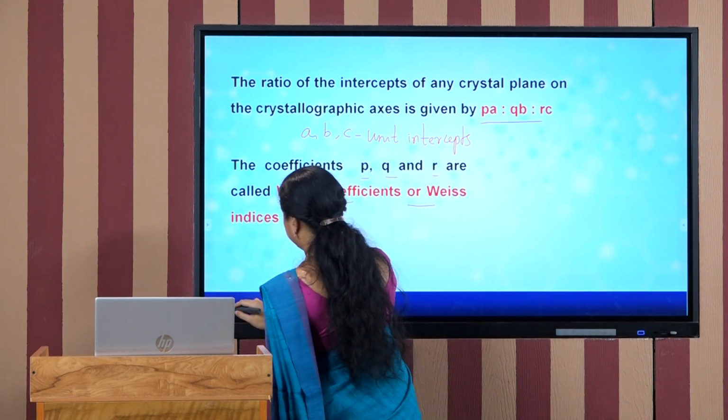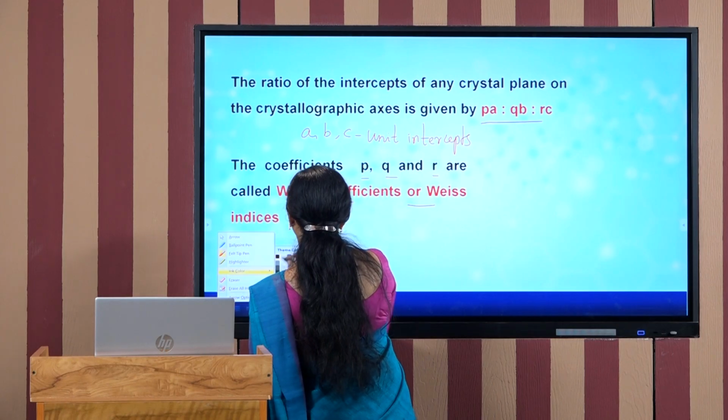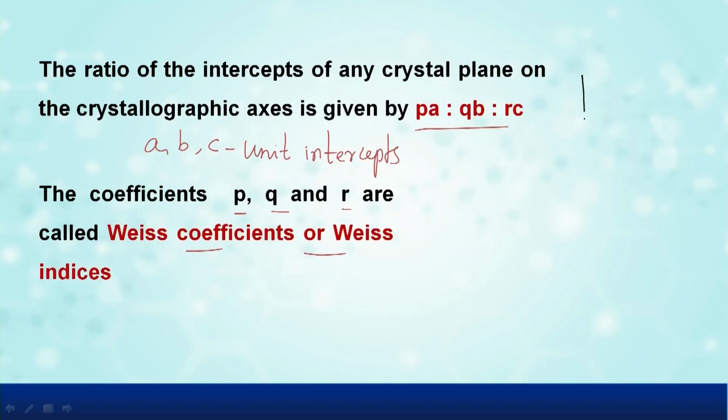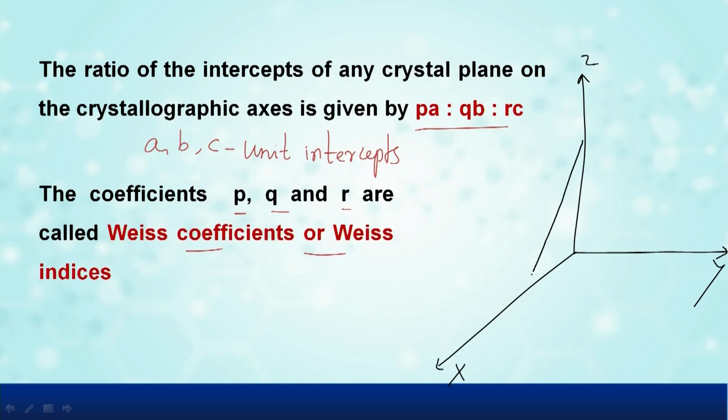Okay. So, first let us draw the crystallographic axes. We have the three crystallographic axes x, y and z, and let us draw a simple unit plane or a standard plane which cuts all the three crystallographic axes. So, let the plane be ABC.